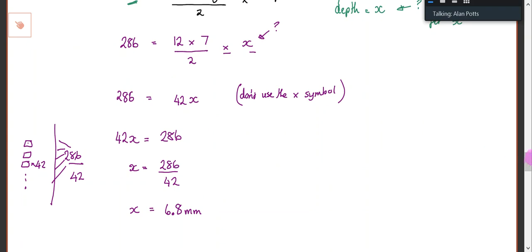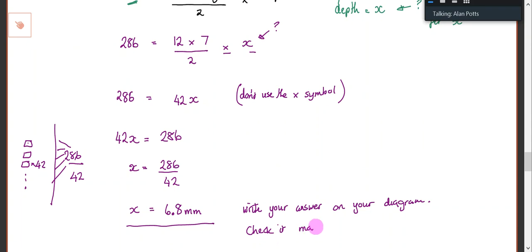So I always do this, guys. I would recommend you always write your answer on your diagram, okay? And check it makes sense.